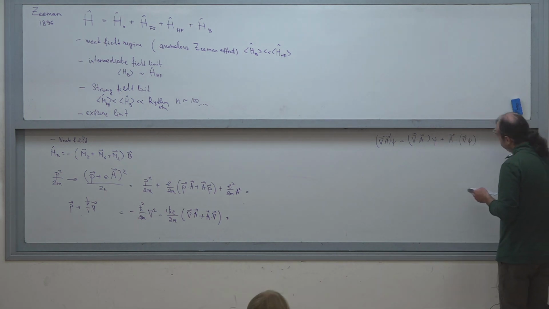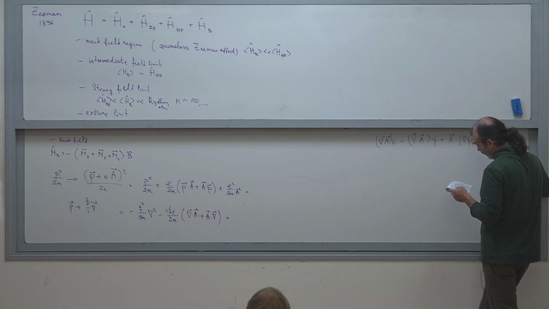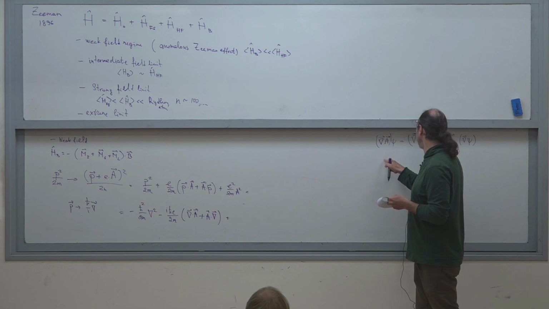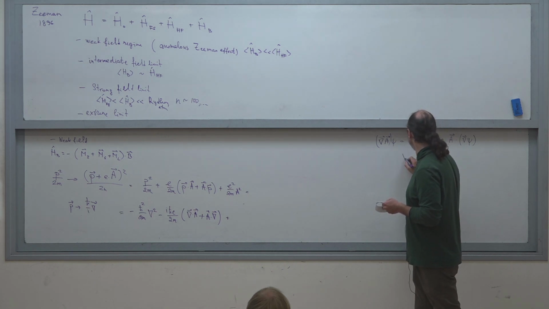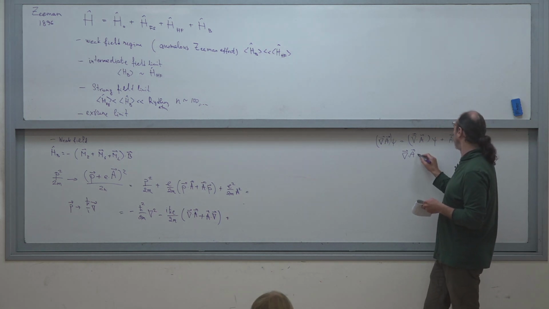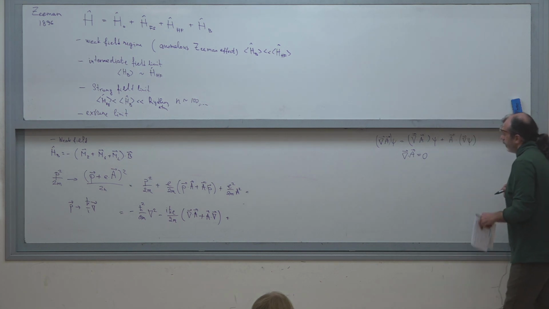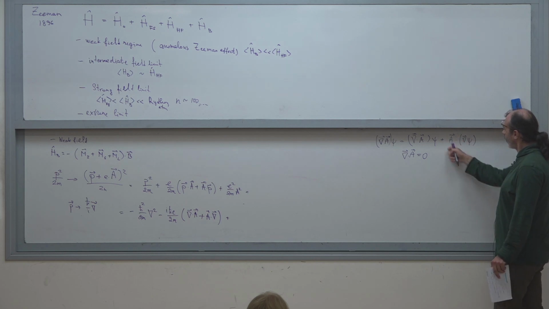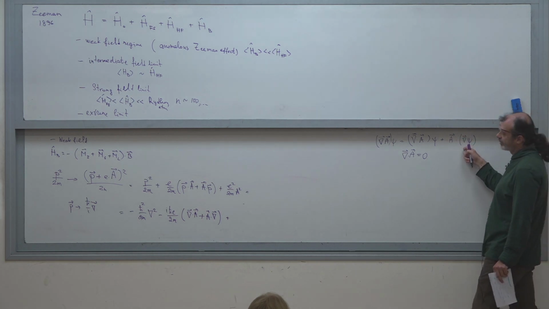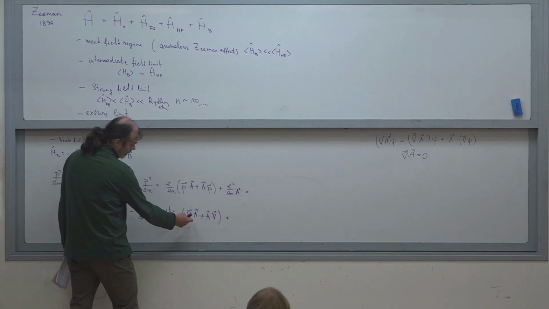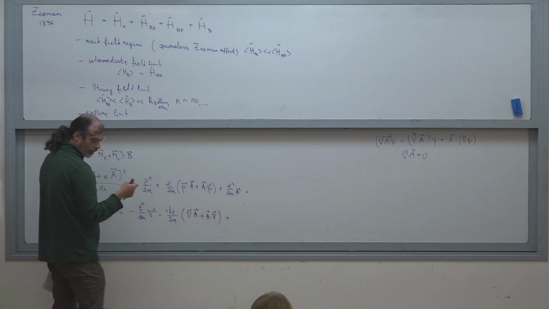Now, this is where we can choose a certain gauge. So we choose the gauge where the divergence of the vector potential is equal to 0. Then this part drops out. But we have another one, which is A multiplied by the gradient, and this is the same as what we have here.